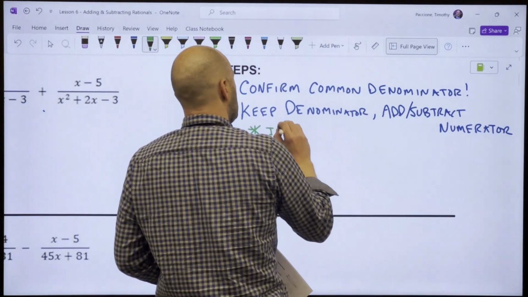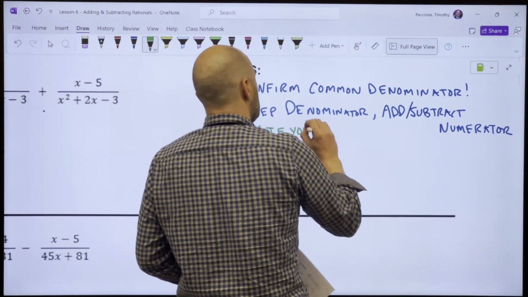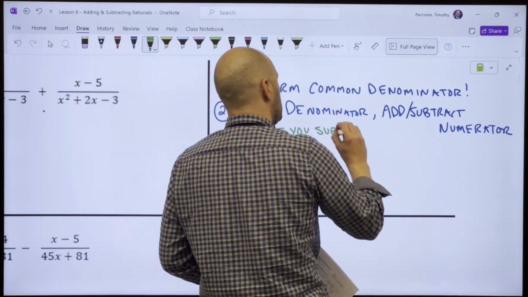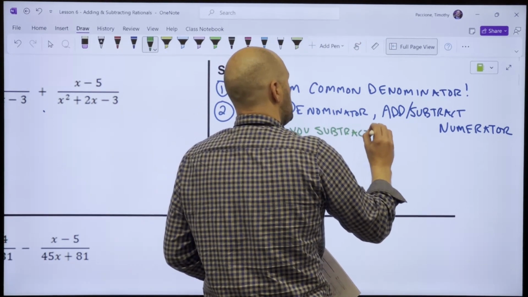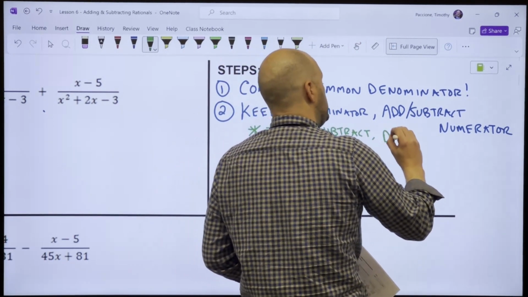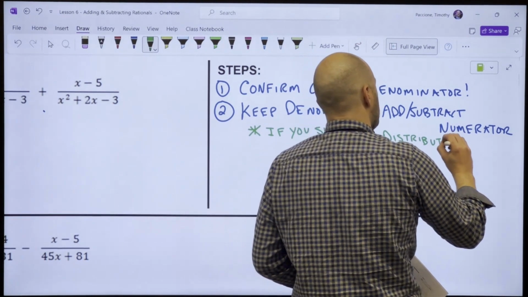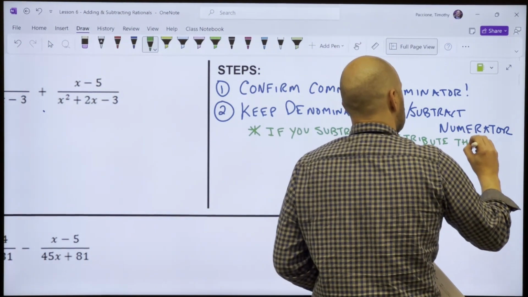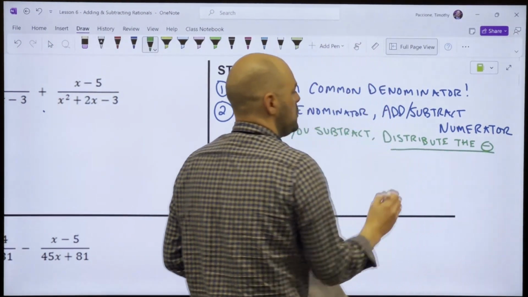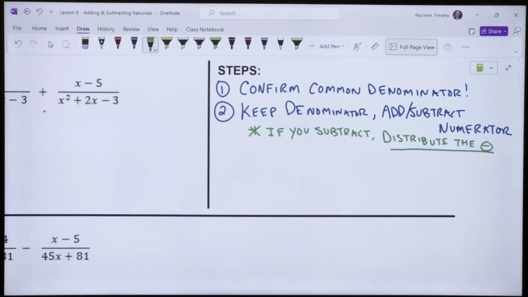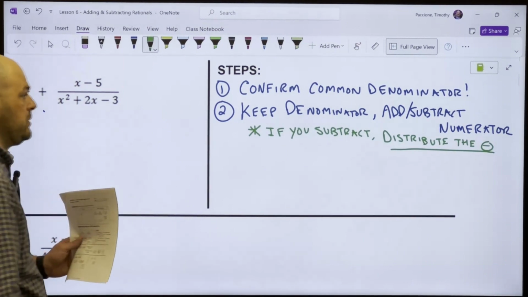Okay, now I'm going to add a little star here. If you subtract, and underline this part, distribute the negative. Okay? And you'll see what I mean when we get to that example. You have to distribute the negative. Okay, I'll explain why.